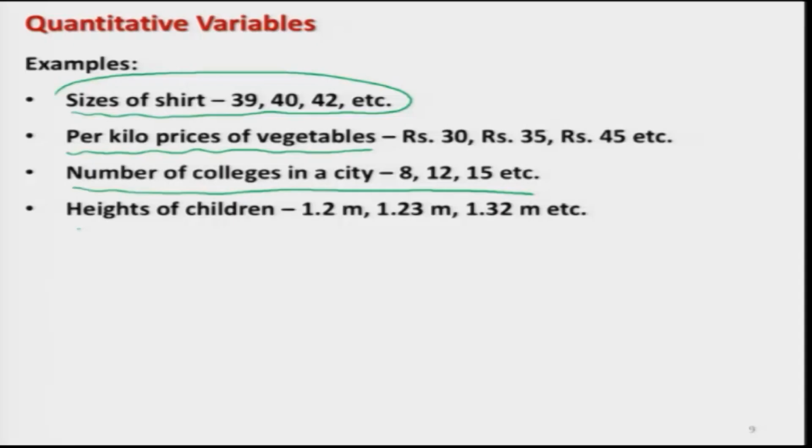Similarly, if I try to measure the heights of children, say 1.2 meter, 1.23 meter, 1.32 meter and so on, then you know that 1.2 meter and 1.23 meter have some interpretation, and you can visualize these things. Suppose there are two children and you record that the height of the first child is 1.2 meter and the height of the second child is 1.3 meter, then you can always infer that the second child is taller than the first child.